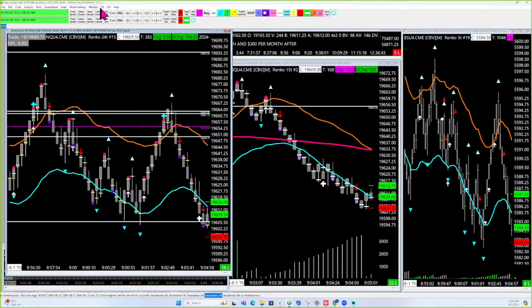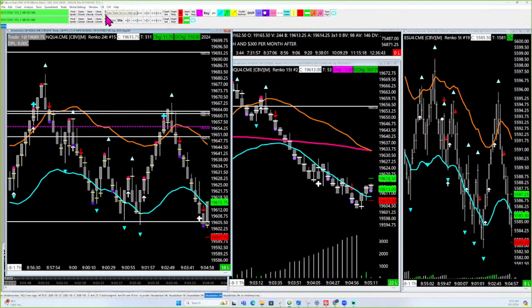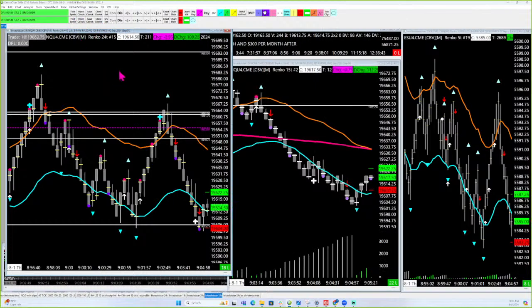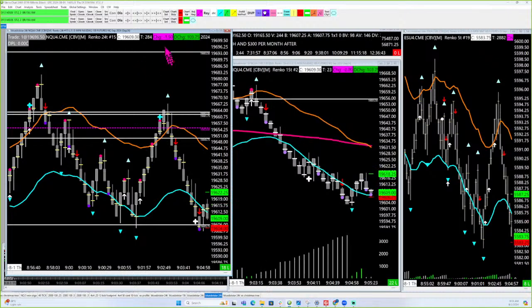The DOM has to be loaded from the chart you want to display. Control Shift O. Nothing. So, okay, but he's saying it has to be loaded from the chart I want to display.